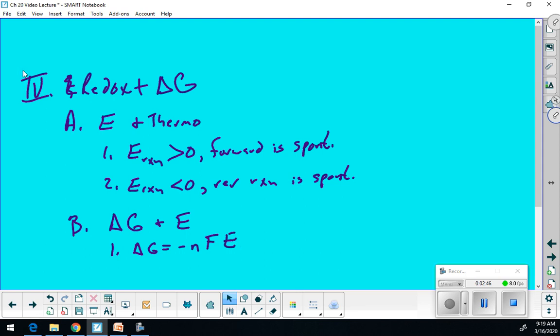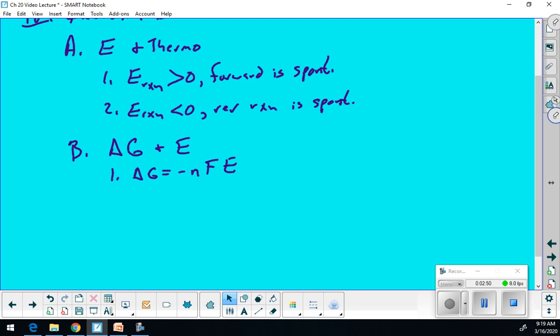In this case, my E is my potential for the reaction. That's my reaction potential, and we know how to calculate that. And n is equal to the number of moles of electrons transferred in the redox reaction.